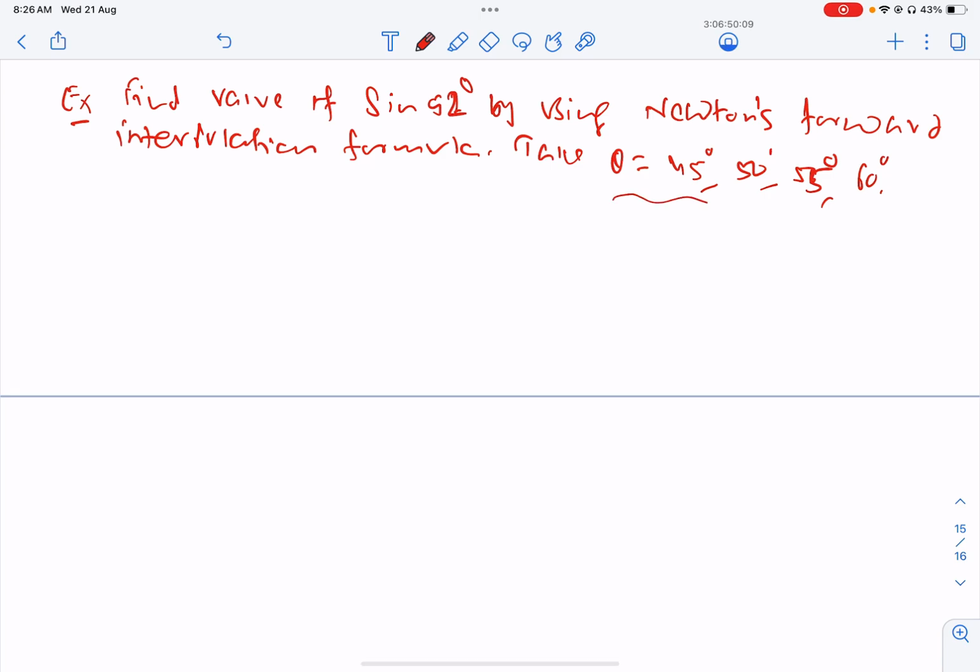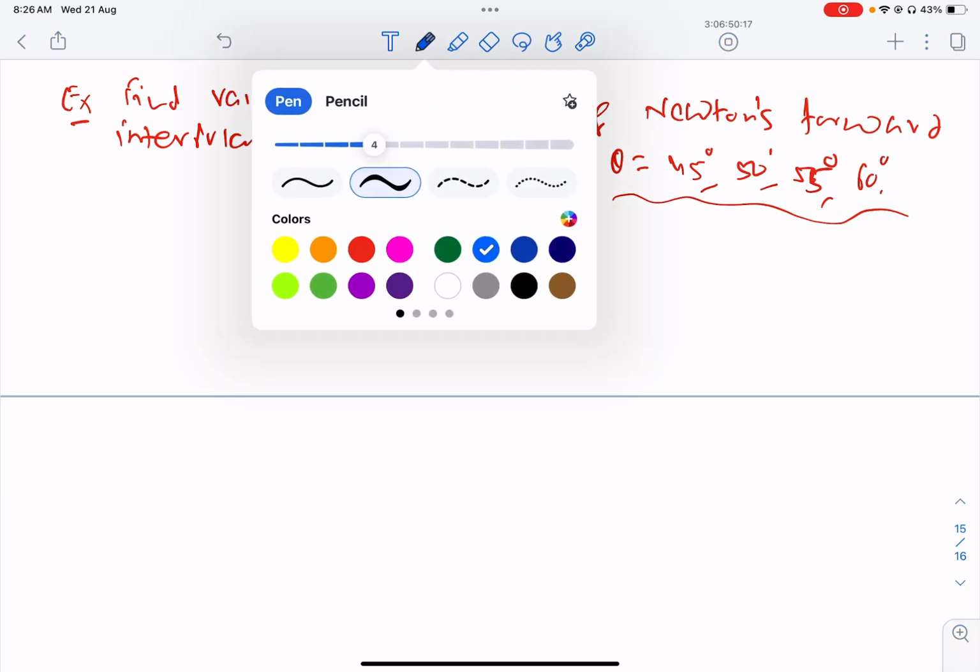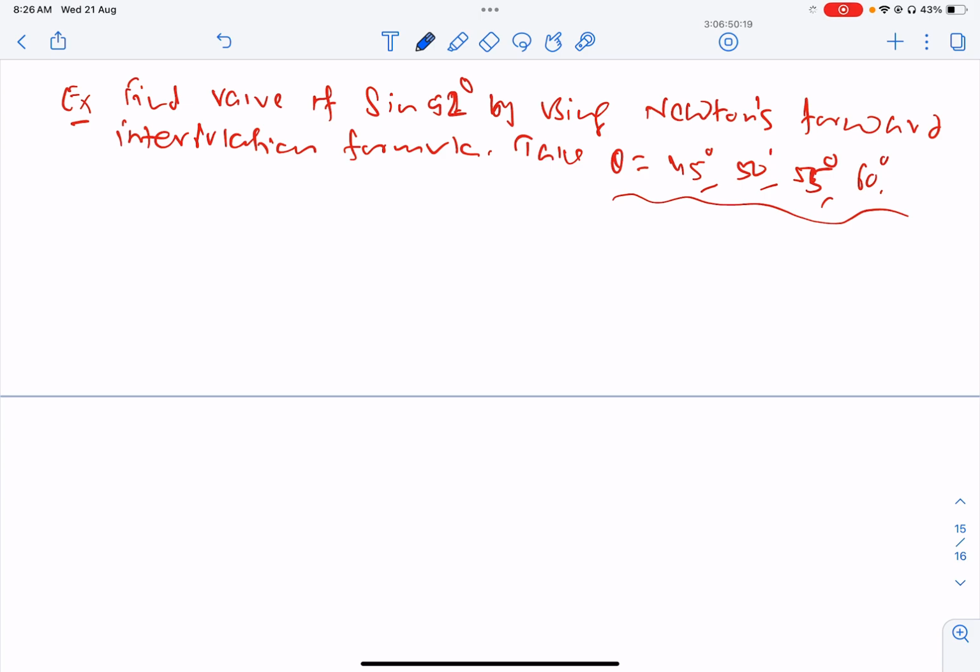So here we need to find the value of the function also. So let us first find the r.